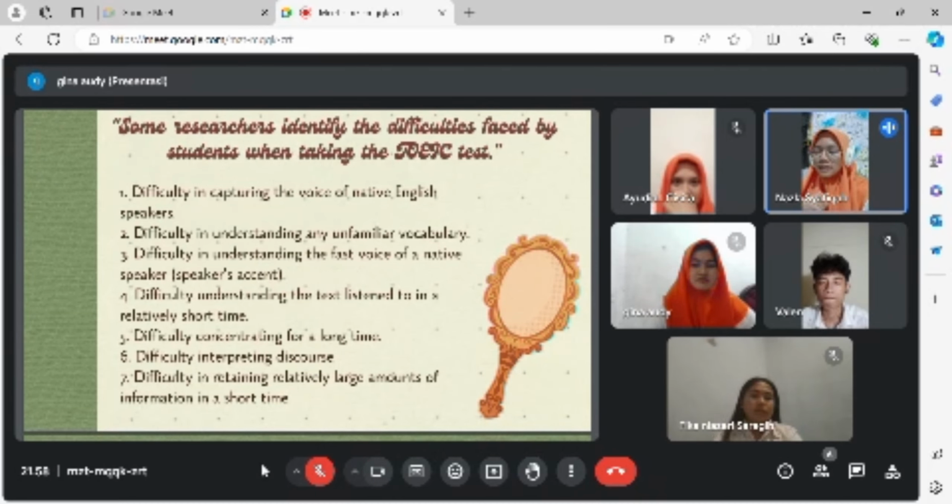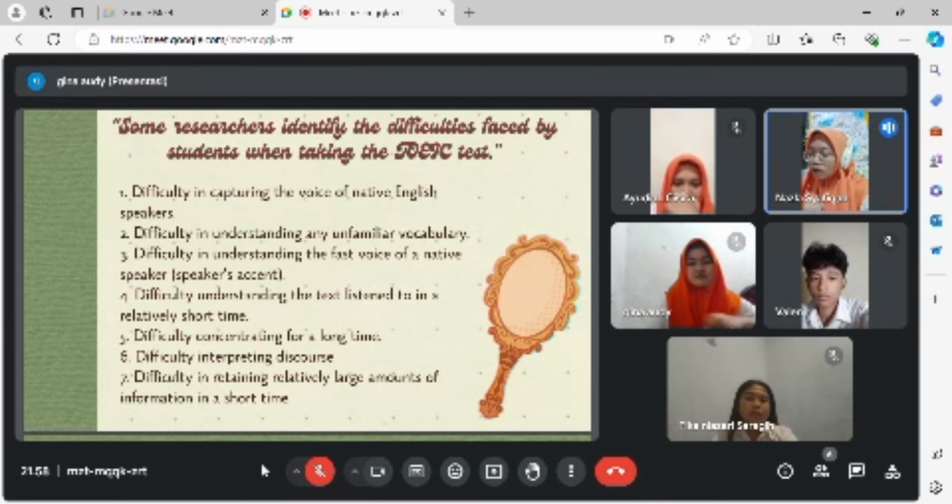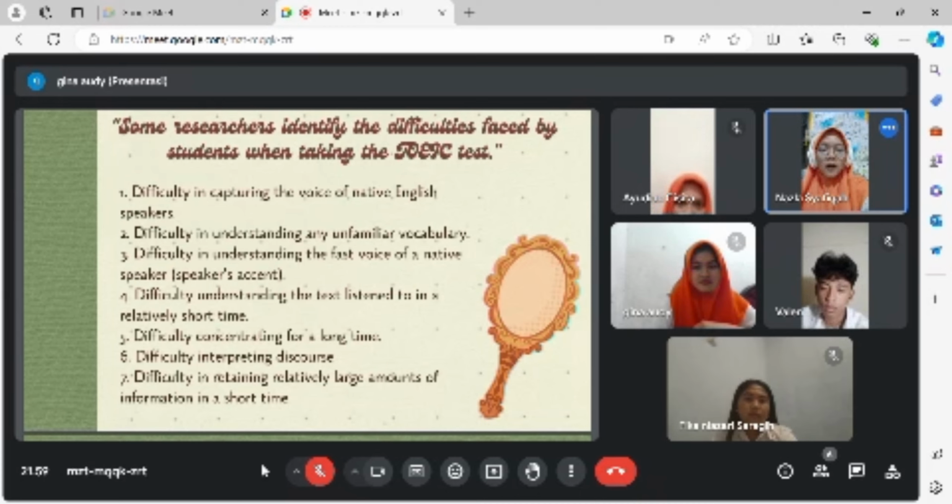The problem is caused by unfamiliar context; the same words can have different meanings depending on the context. And there are synonyms and antonyms and technical and academic words. And the third is difficulty in understanding the voice of the native speaker or the speaker's accent.